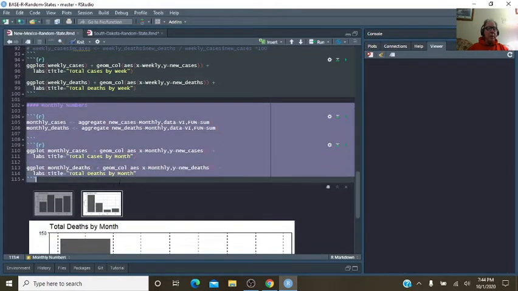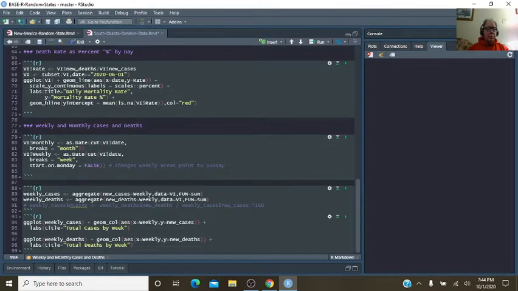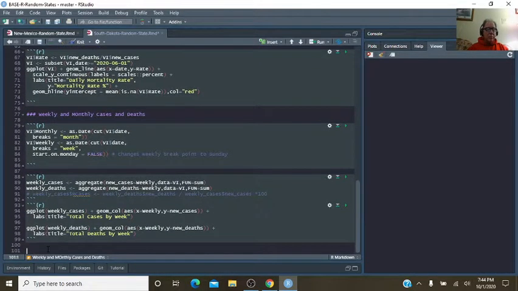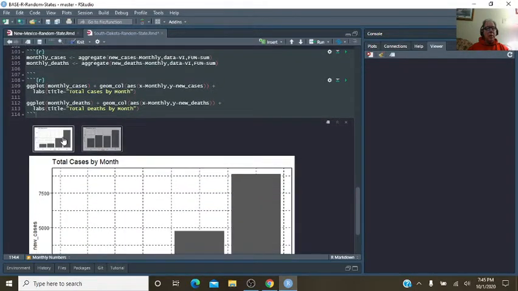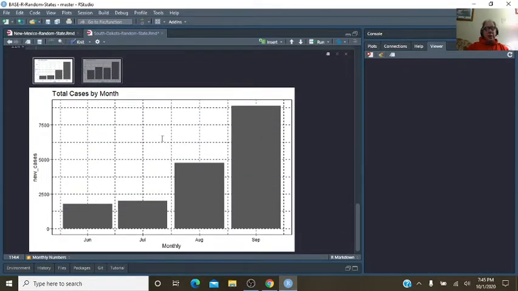Next, let's take a look at monthly cases. Let's calculate monthly numbers now. Take a look at the monthly. You can see that September cases really spiked, but again, let's take a look at deaths. Okay, so halfway between, I don't know, 5,000 and 7,500.